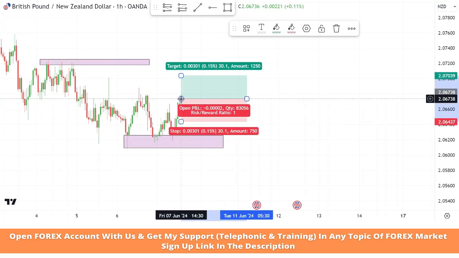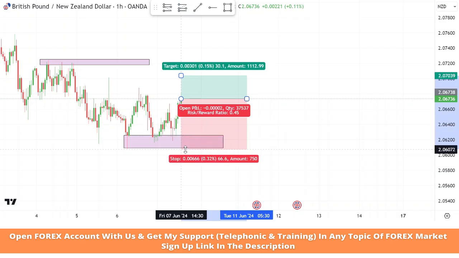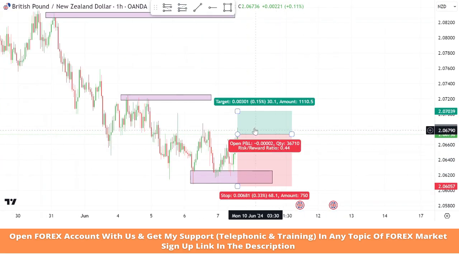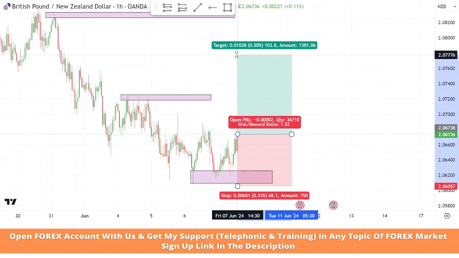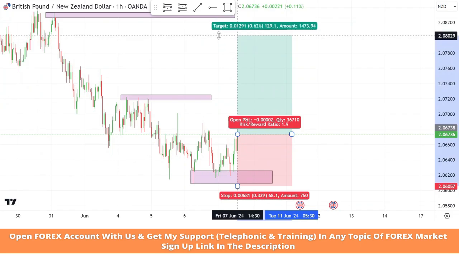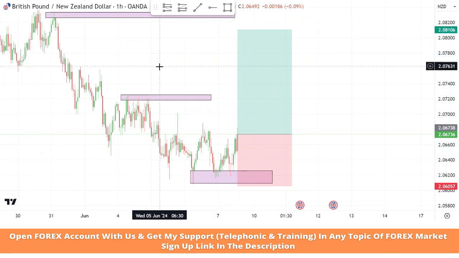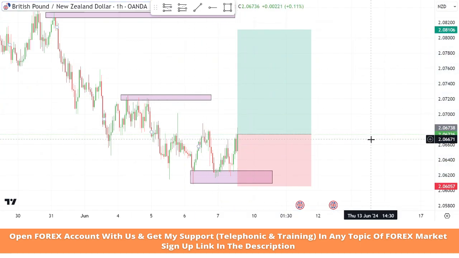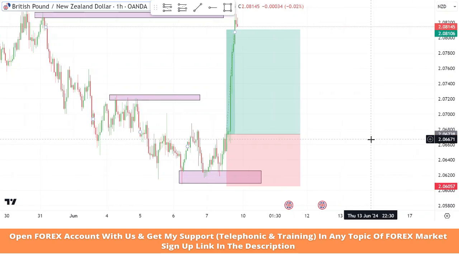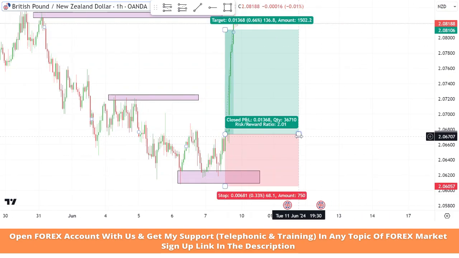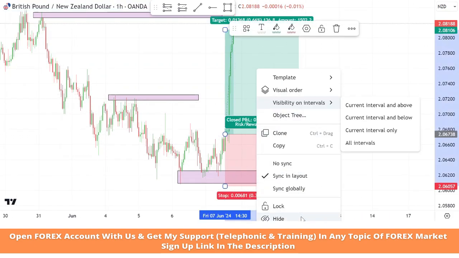We will take buy trade. We will set stop loss at support area and risk to reward will be 1:2. We won this trade simply.